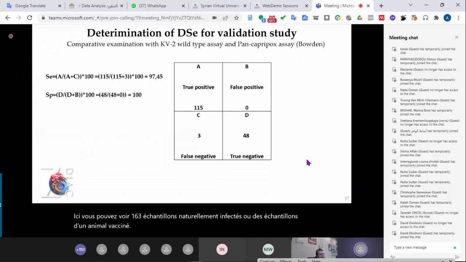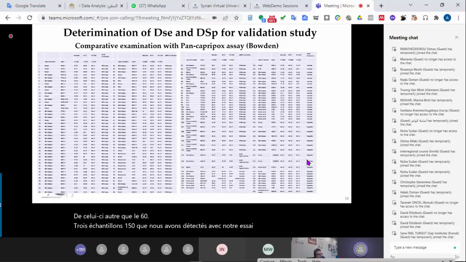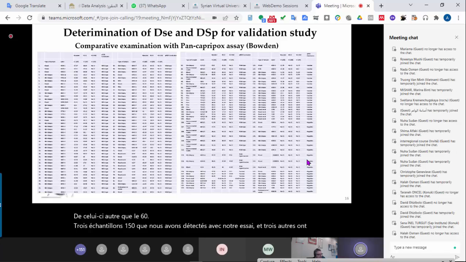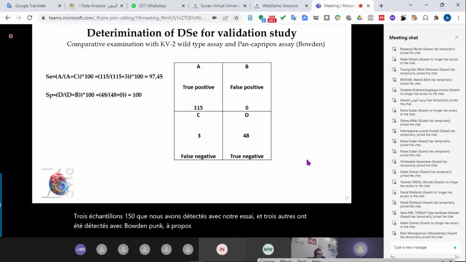So we have determined the diagnostic sensitivity and diagnostic specificity of the assay. From these 163 samples, 150 we detected with our assay, and 3 more were detected with the Bowden pan-capripox assay, which is slightly more sensitive than our assay.